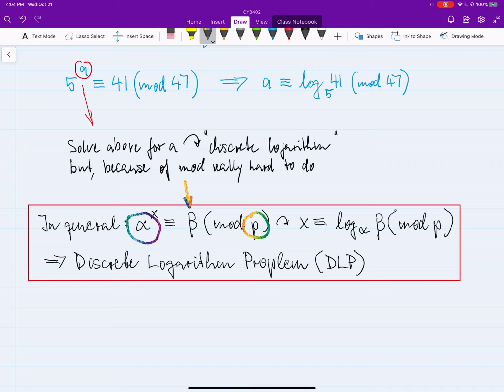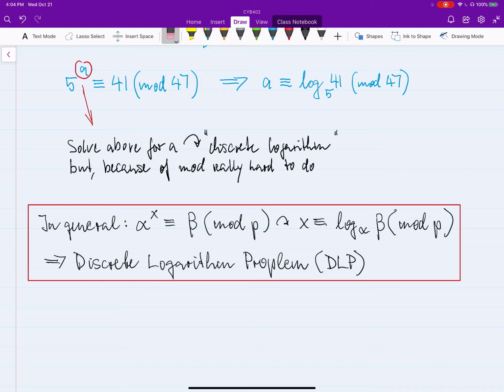Okay, so if alpha is not a generator, convince yourself that you need to check way fewer cases depending on what the order of alpha is. And this is the reason why we looked into finite cyclic groups in order to understand what alpha is and what the condition on alpha is.